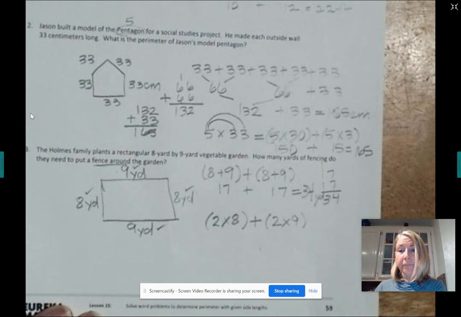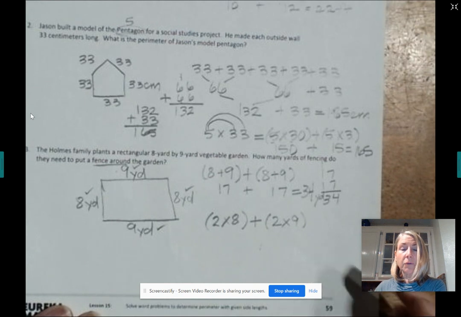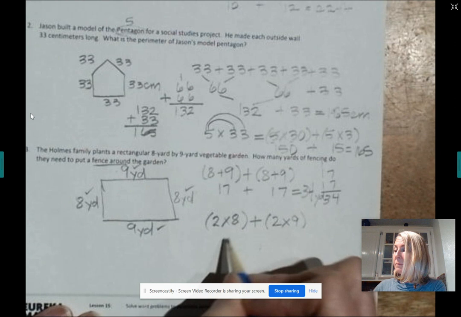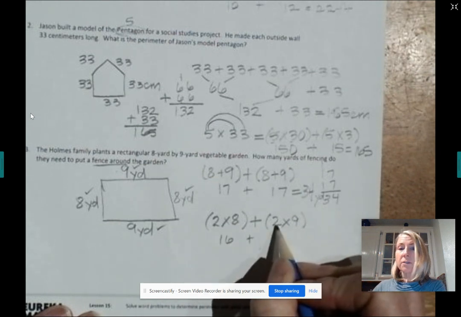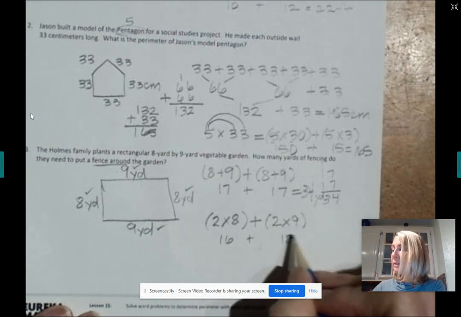It sets me up in a slightly different way. It uses a little bit more organization and multiplication, but it's going to arrive me at the same answer. 2 times 8 is 16, plus 2 times 9 is 18.